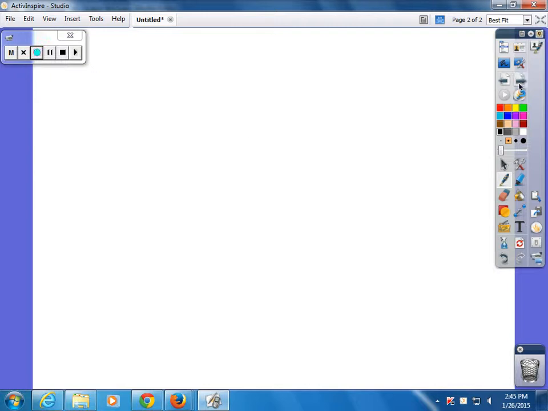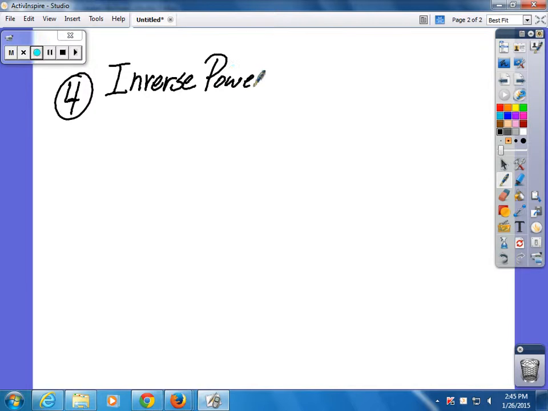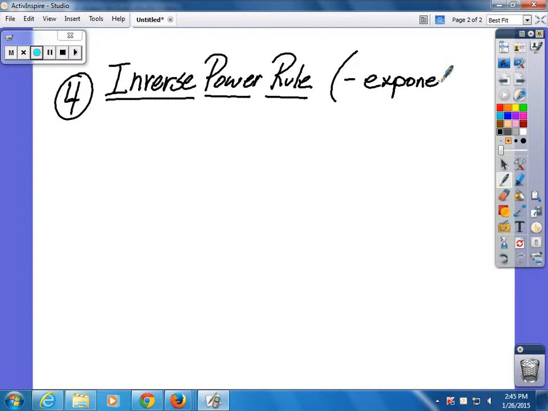Number 4 would be the inverse power rule. Now the inverse power rule is different from the inverse rule, whereas the inverse rule doesn't have parentheses, the inverse power rule has parentheses. You use it in case you have a negative exponent, but it's a different animal because it has parentheses.